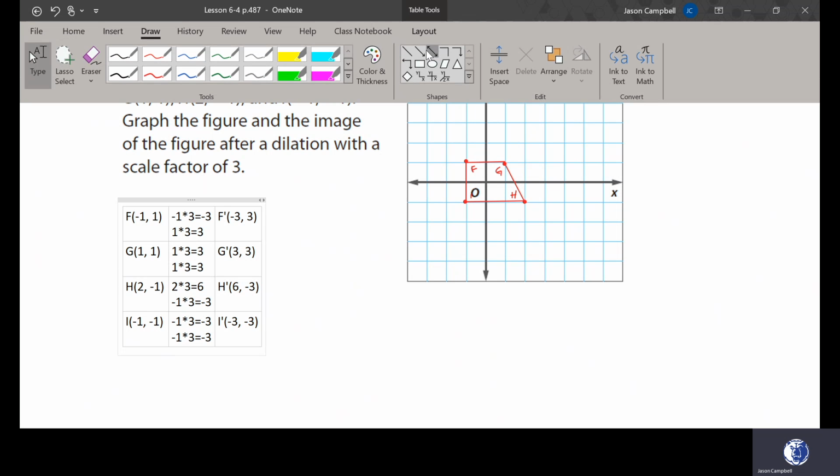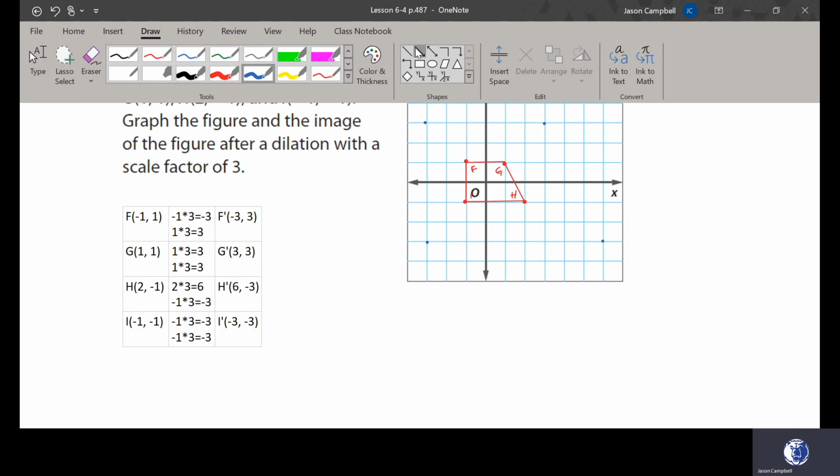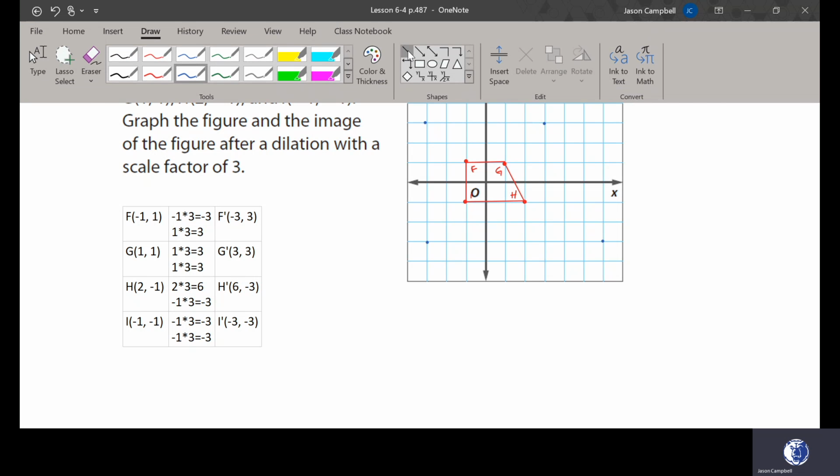And if I go plot these points, let's see, F prime, -3, 3, 3, 3, 6, -3, and -3, 3. Let's connect our image together with lines.